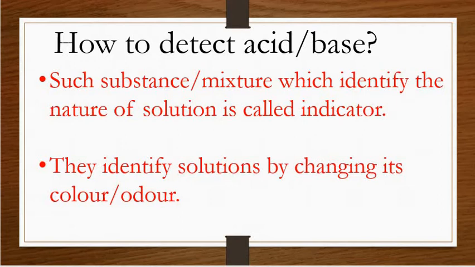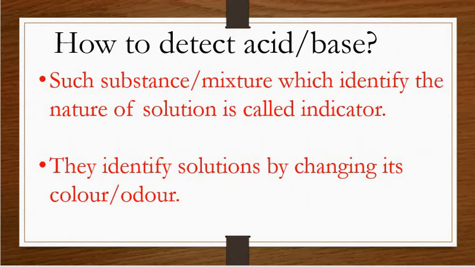All those substances which indicate the nature of another substance are called indicators. They identify solutions by changing their odor or their color. I repeat, there are substances and mixtures which indicate the nature of the given solution, and such substances are called indicators.